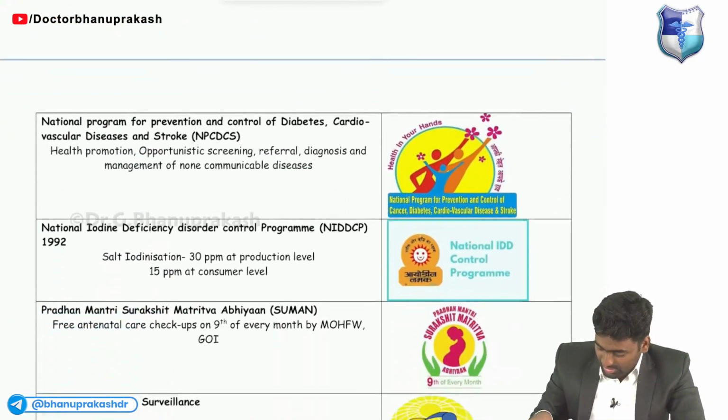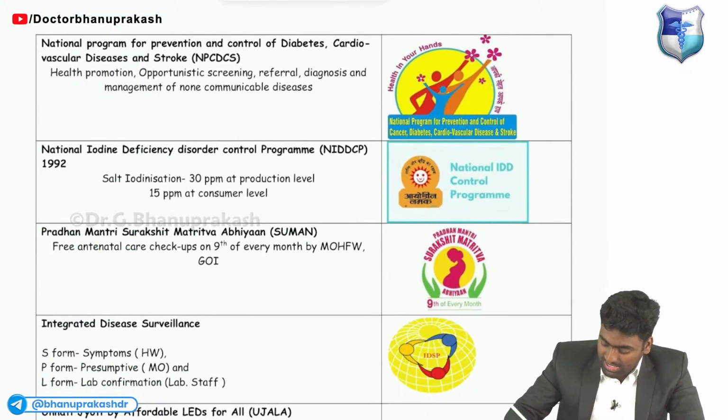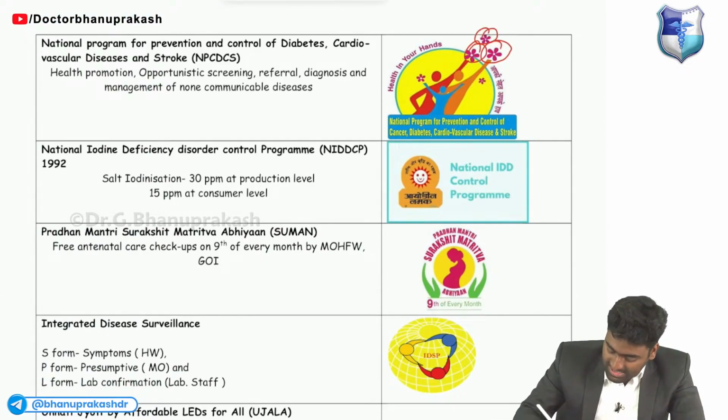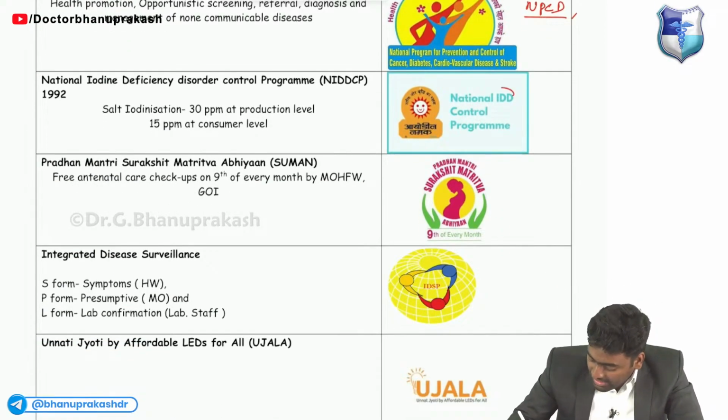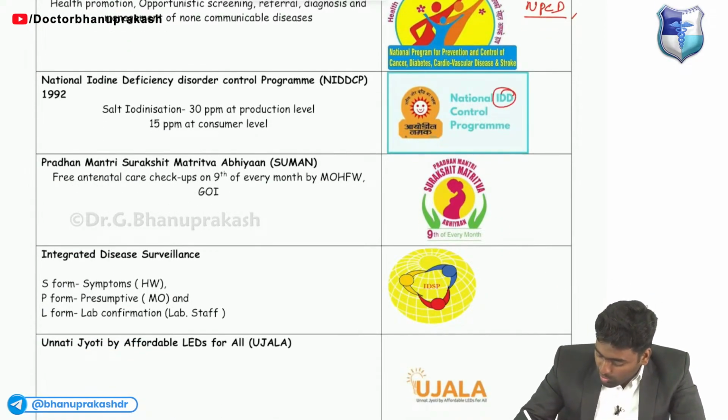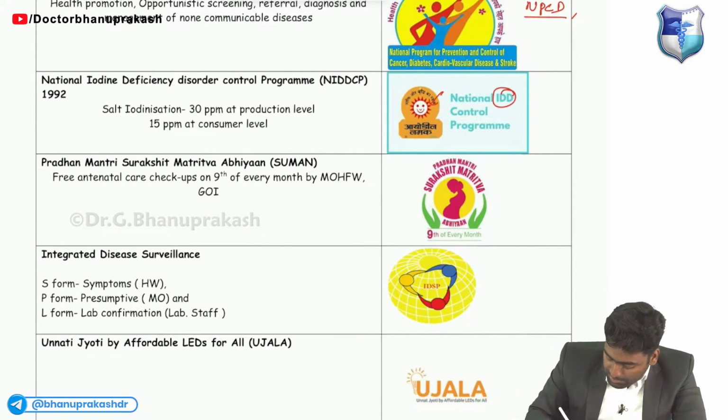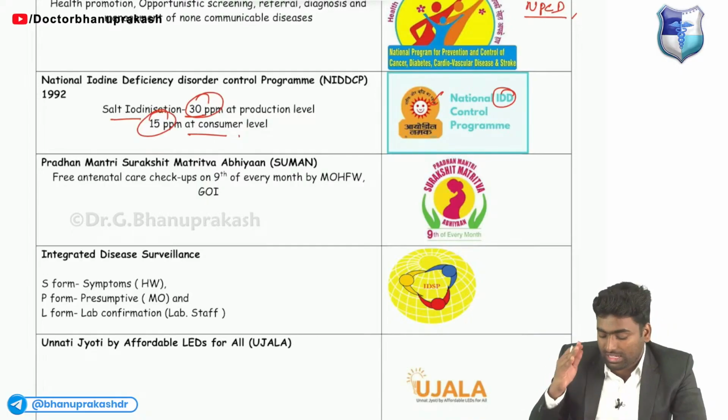Okay, it will be remembered, don't worry. Then about these programs, if you are able to see this flower on the hand side, it is the non-communicable diseases program. And for the iron deficiency program, this is the logo of the sun. You need to know at production level it is 30 ppm, or at consumer level it is 50 ppm.